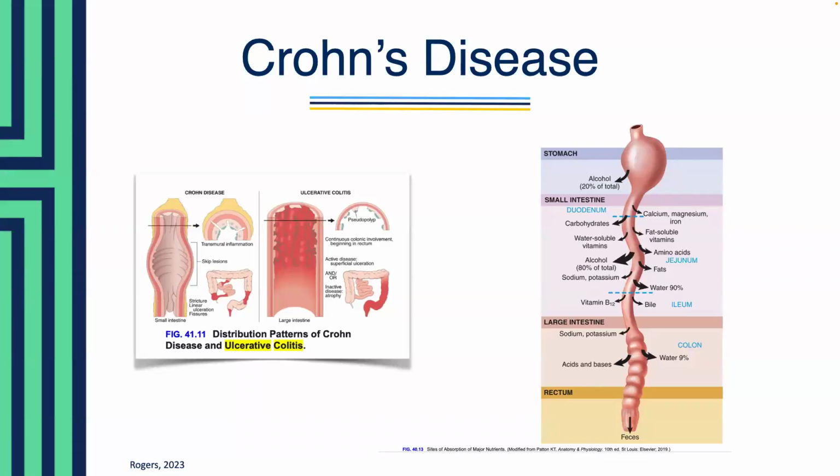Now, the treatment options typically include anti-inflammatory drugs, immunosuppressants, biologics, nutritional support. Sometimes antibiotics are needed for the abscesses or fistula, and then unfortunately, surgery can be necessary to remove diseased intestinal segments in severe cases.